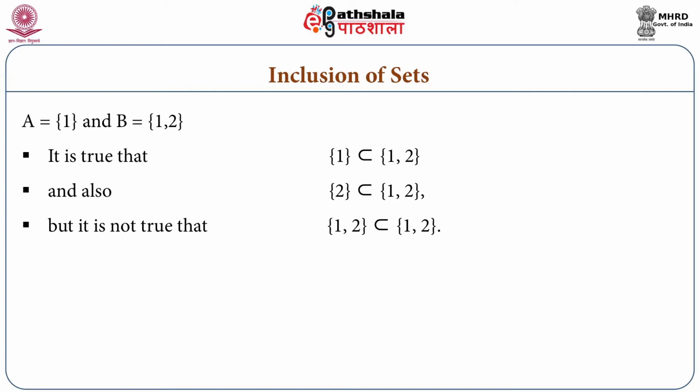So given this we can also define more proper subsets, like given the set B having 1 and 2 as its members, {2} is also a proper subset of B. But if 1 and 2 are members of A and B is also having two members 1 and 2, we cannot say that A is a proper subset of B, because in this case they will become equal or identical. So we go on to the next one.